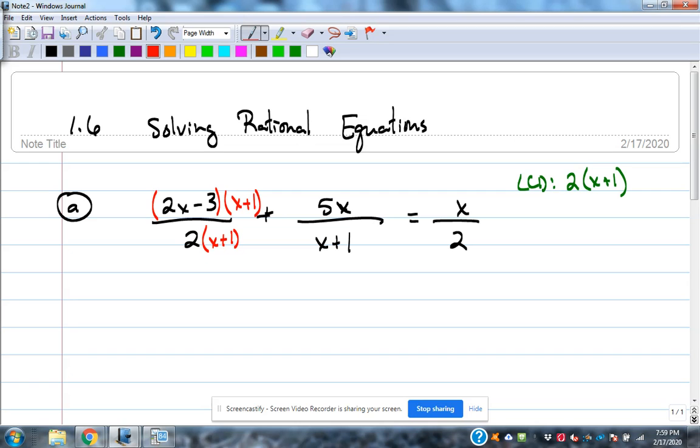On the 5x over x plus 1, what does that denominator need? Multiplied by 2. So I'm going to multiply the top by 2. That's pretty easy to do. And then on the third fraction, it needs the x plus 1 as well, doesn't it?